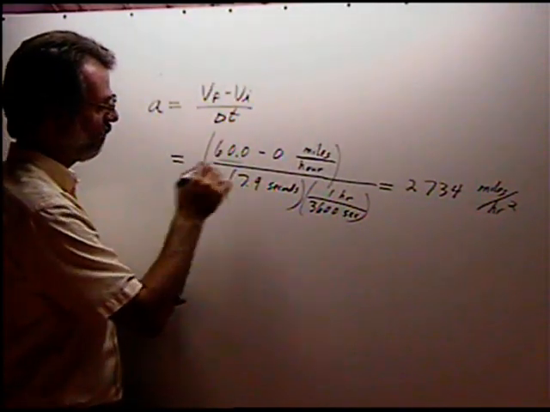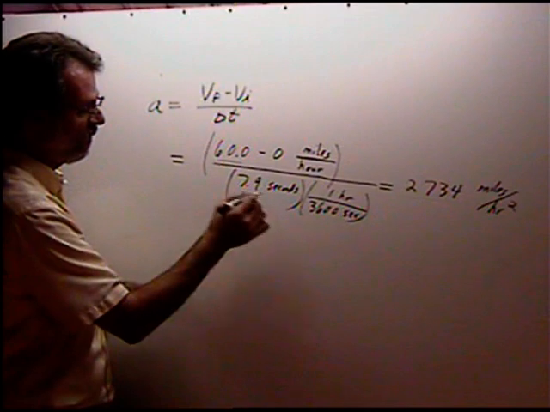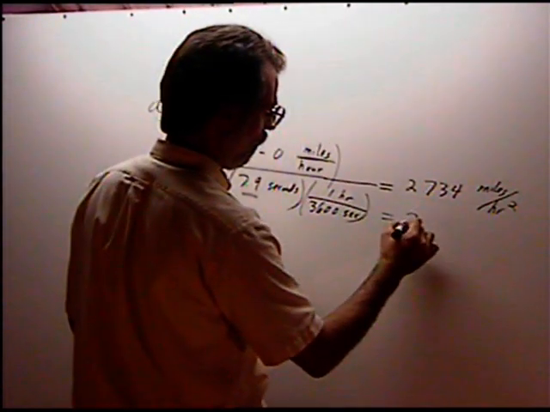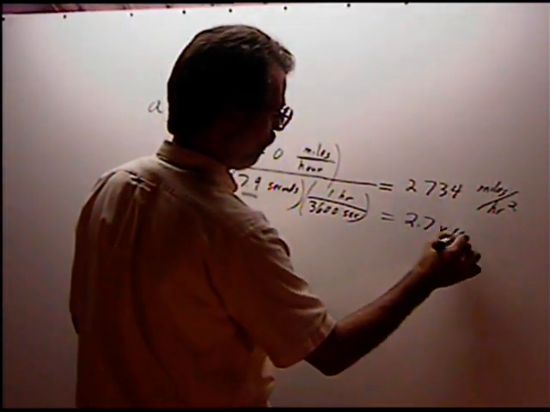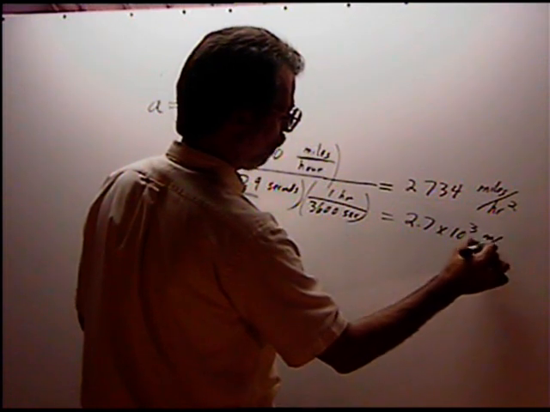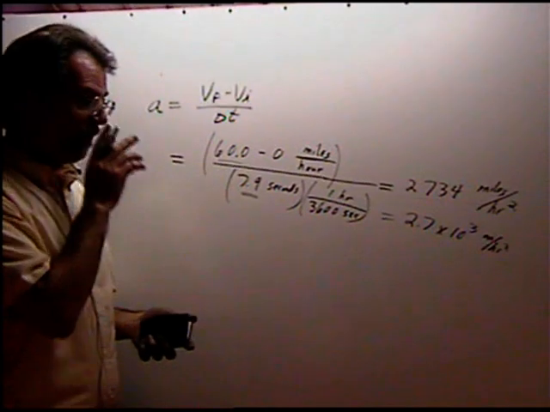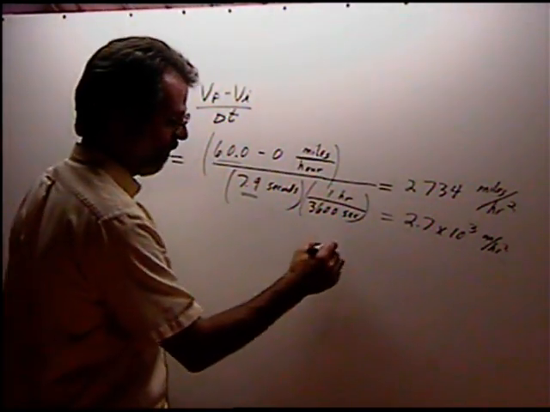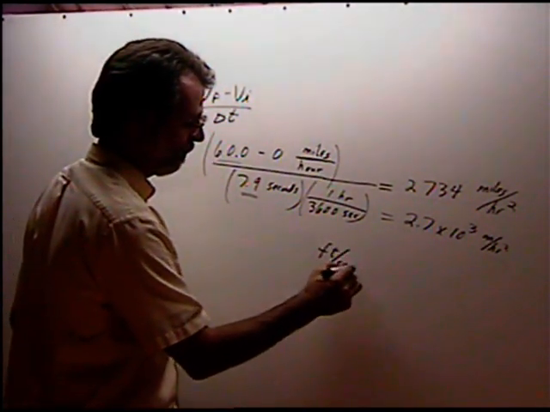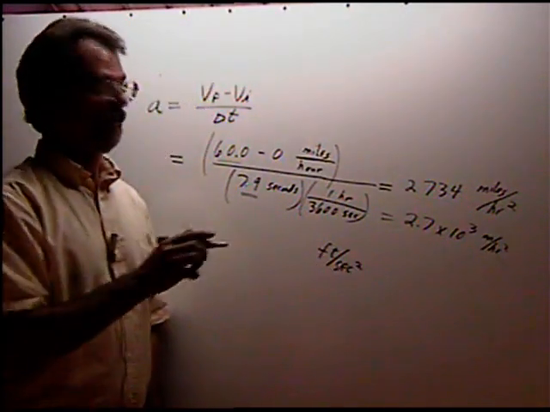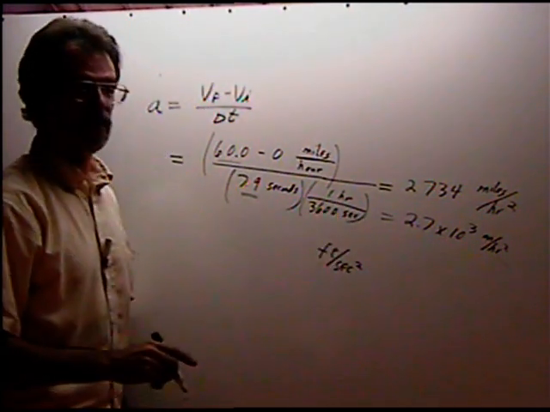Now we really need to round off to two significant figures, so that will be 2.7 times 10 to the third miles per hour squared. Now that's a suitable unit, but really it would be better to convert it to feet per second squared. I'll leave that to you.